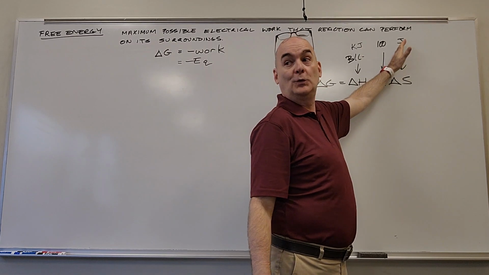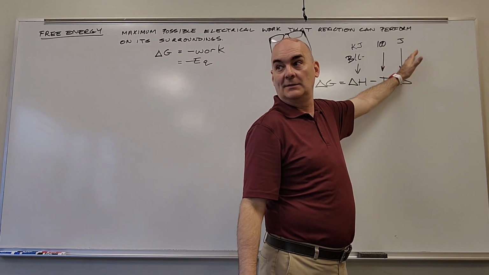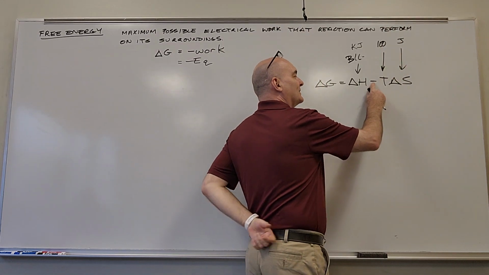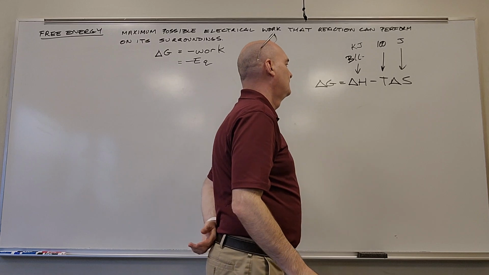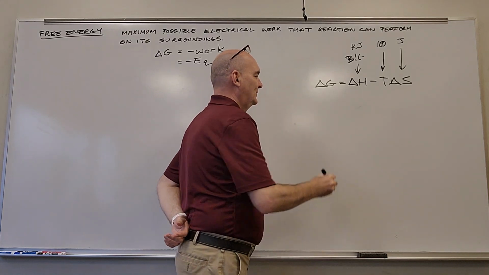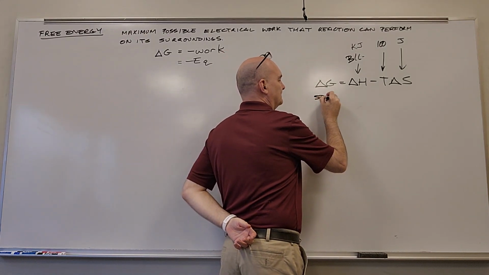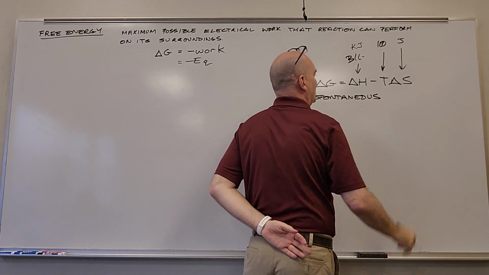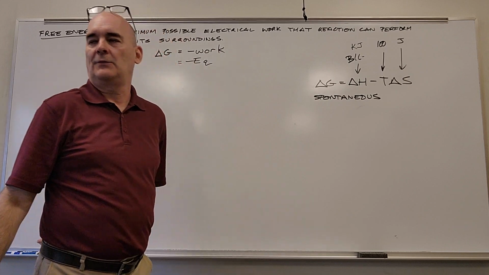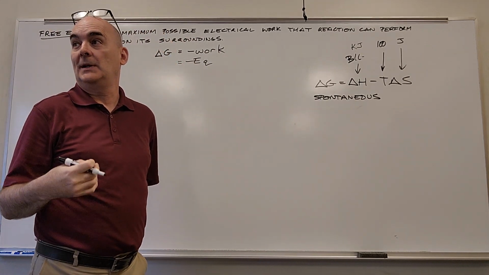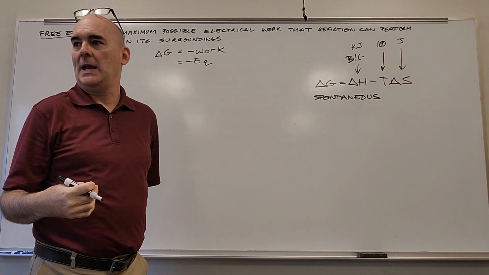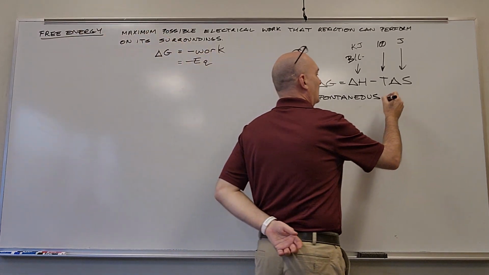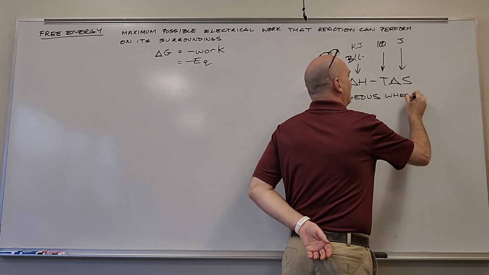Because if this is 10 joules, then 100 times that makes 1,000. So this tilts the balance. For a reaction to be spontaneous, delta G equals delta H minus T delta S tells us a reaction is thermodynamically spontaneous when delta G is negative. And that makes sense.